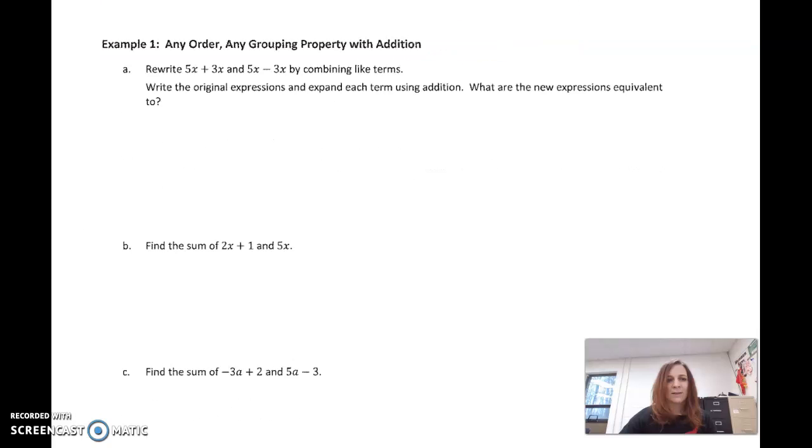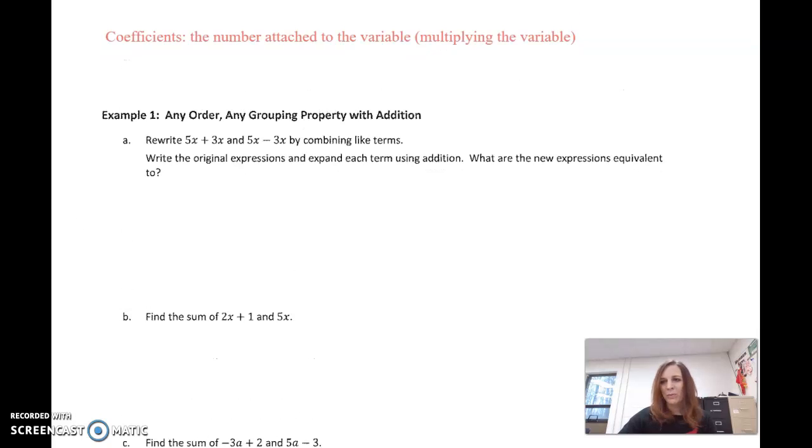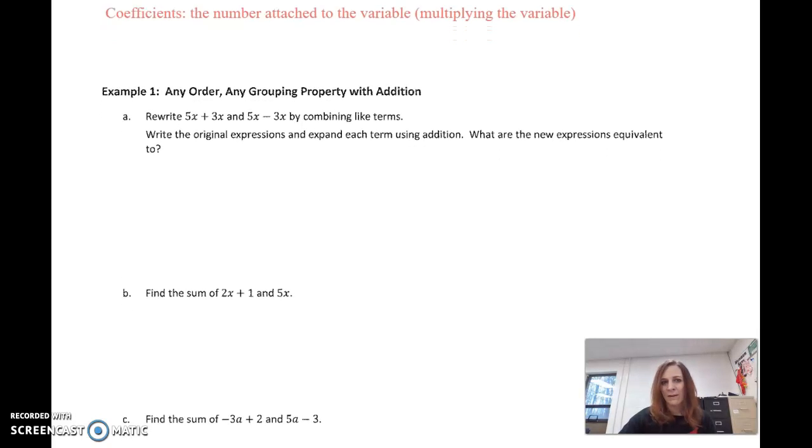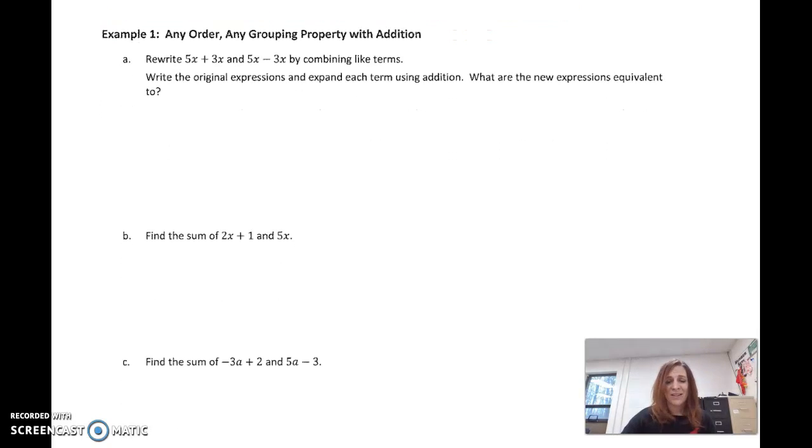So I want to show you what these actually mean. And we're not going to do them like this every single time. So if I have 5x plus 3x, what does that actually mean? Well, this 5 times x here, multiplication is repeated addition.